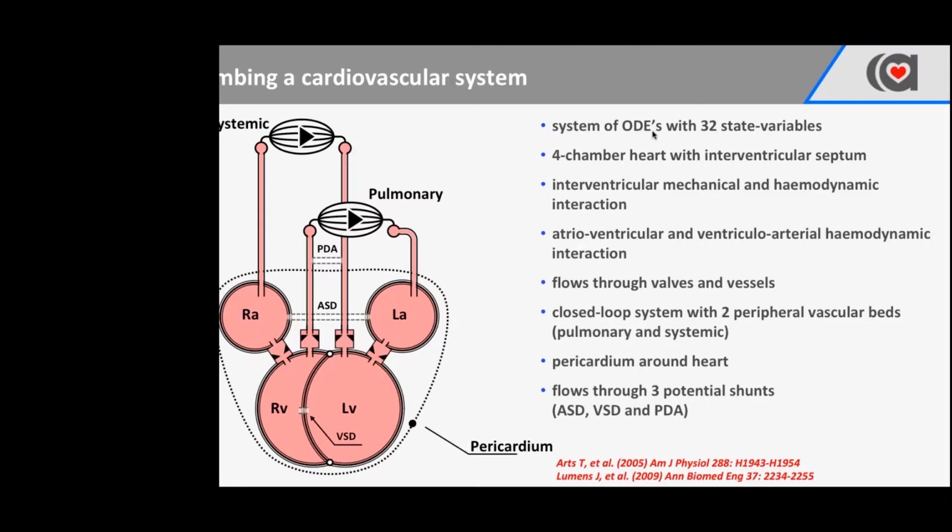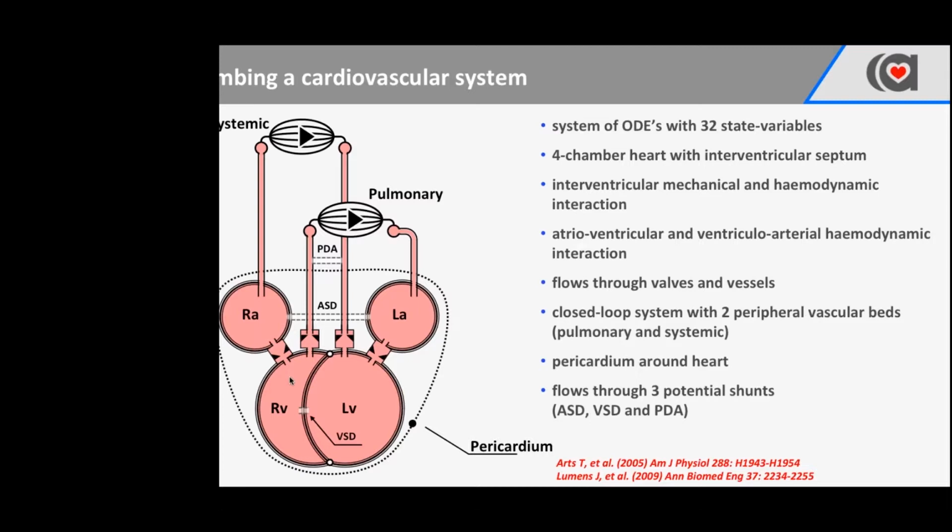Then you have a 4-chamber heart with an interventricular septum. You have the interventricular mechanical and hemodynamic interaction, because it's not only that here are the connection points between the right and the left ventricle, but also the pericardium encapsulates the right ventricle, and that gives also rise to mechanical interaction.